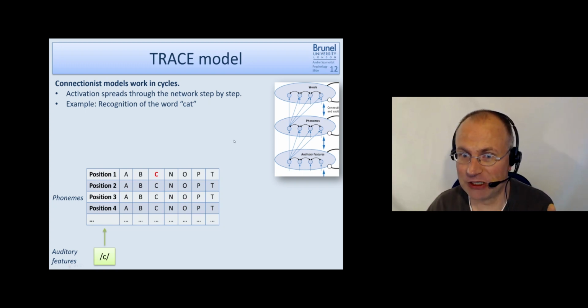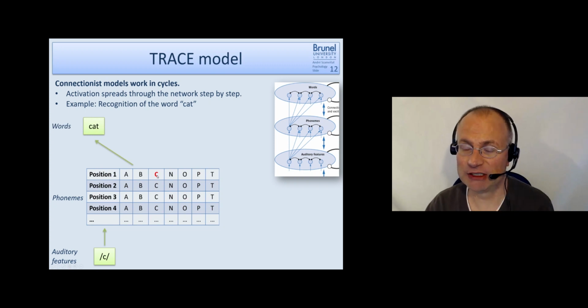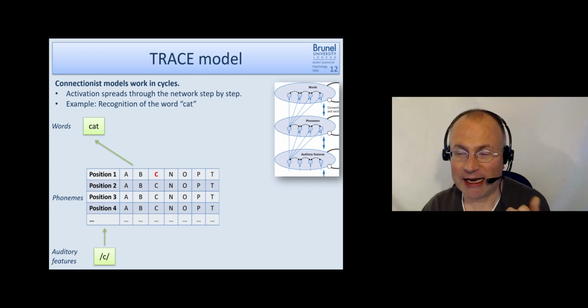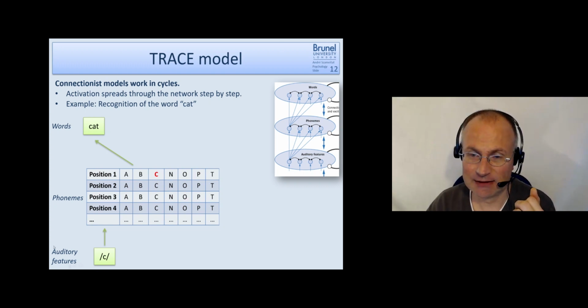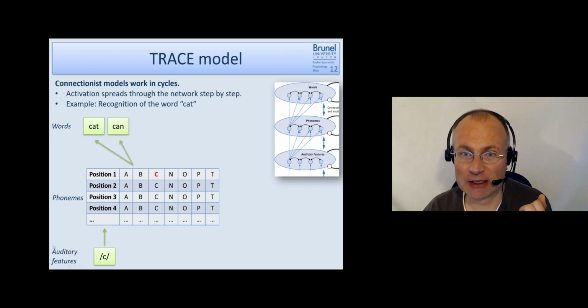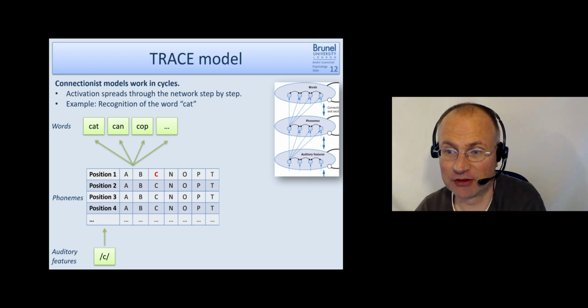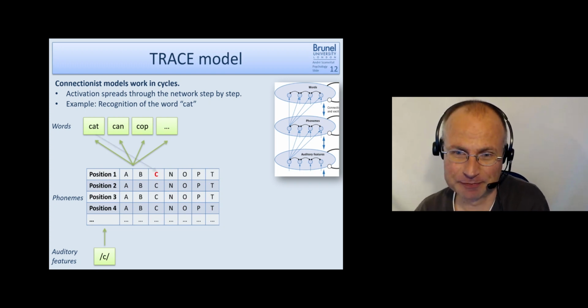Then we have the phoneme layer, and the k sound on the first position activates the phoneme k. Now, as predicted by the cohort theory, hearing the k would activate in the word layer all words which start with k. So, for instance, cat, can, cop, and more words. Remember, it's just single syllable words.